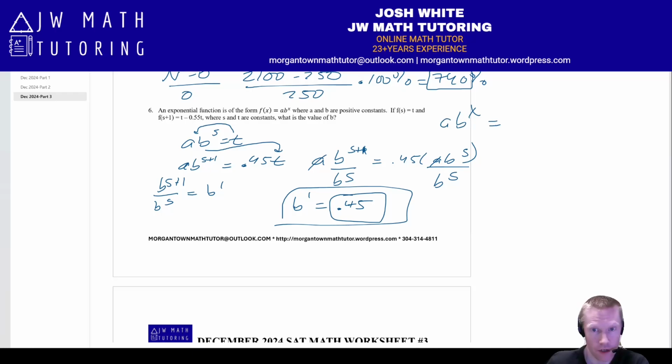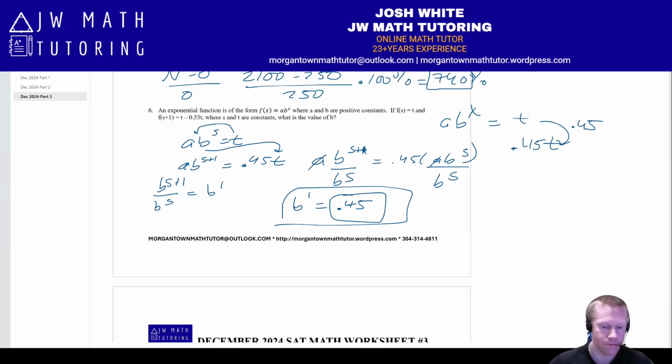So it's like if you're starting with just t, and then you increase it by 1, and you end up with 0.45t, the only way to get there is to multiply it by 0.45, which is what the value of b is. So that's just kind of like the theoretical way to figure it out without having to go through all this algebra. So if you're able to recognize that, that's fine. That's perfect. That's great. You can just see that the number you multiply by, which is b, the base here, just has to be 0.45.